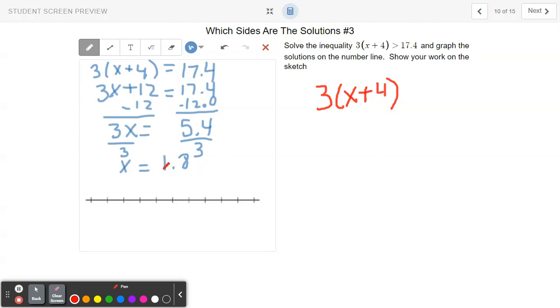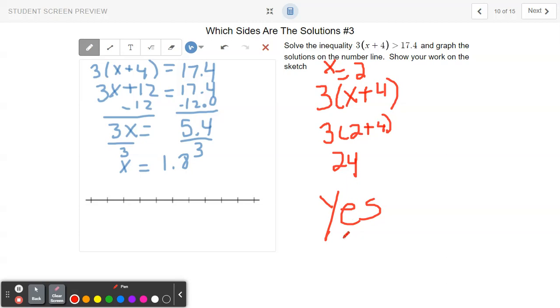Let's maybe do 2, right? It's a little bit bigger. So if we put a 2 in for this, we would get 3 times 2 plus 4, which is 2 plus 4 is 8, and 8 times 3 is 24. Is 24 bigger than 17.4? Yes. So x equals 2 works, right?